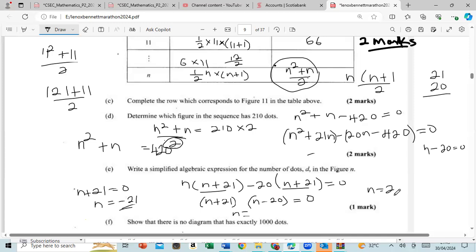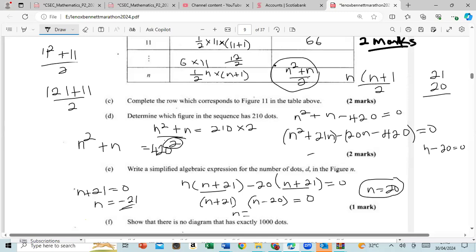But if I'm in the exam, I will check if the 20 actually works to give us 210 dots. So I could test it out. So what I did, where we have the 11, I put the 210 at those sections, and divide the plus 1, and it works out to 21.